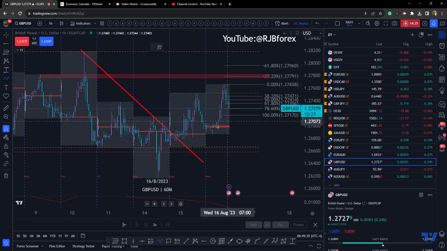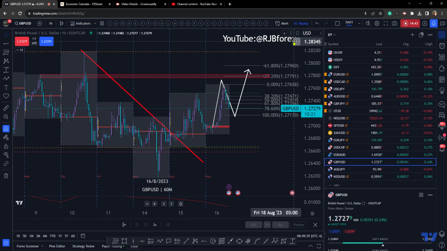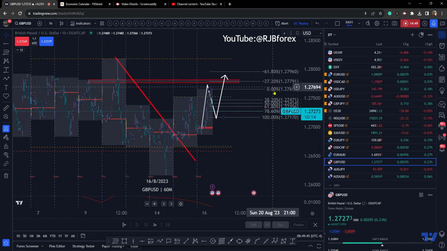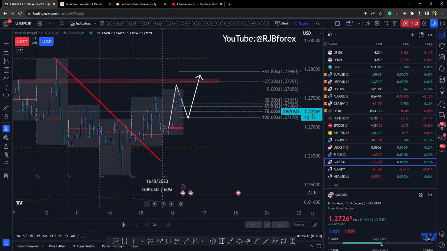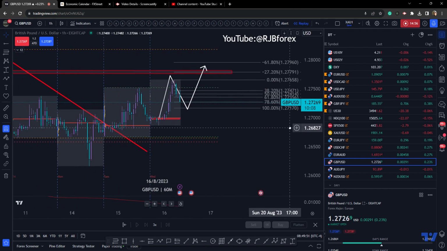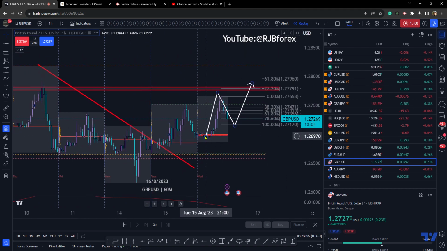So prospects of a move up if we get that dollar weakness coming in, and a continuation of the trend in cable, potentially setting up for later in the week for the capitulation of the bulls back into the low 127s perhaps. But for the day ahead, that's what we're looking like for now.